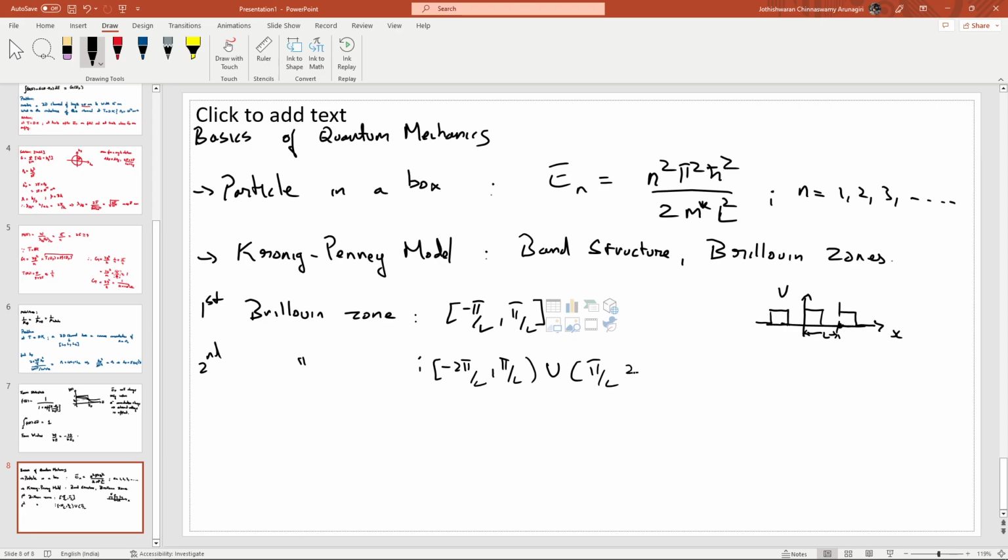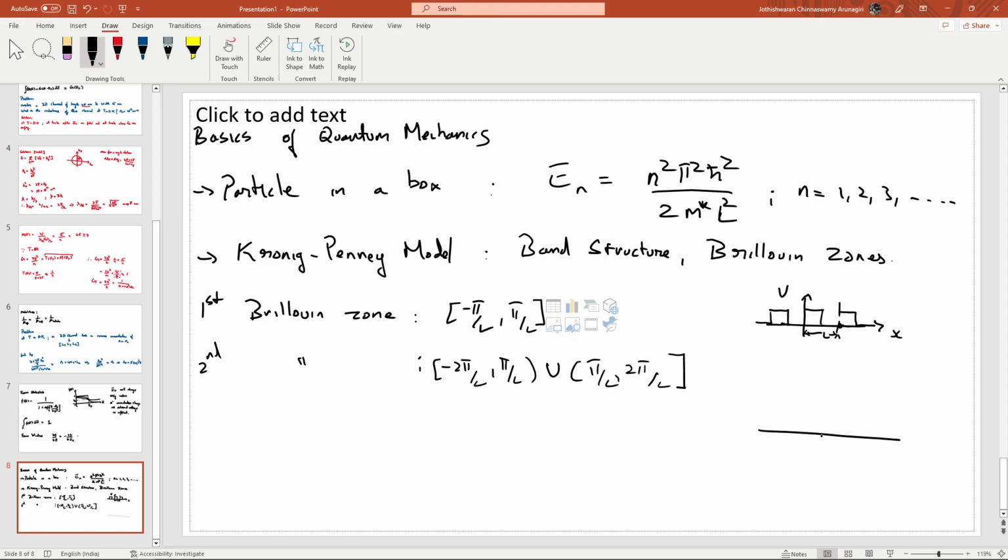Pi by L to 2 pi by L, and so on. So essentially what happens is, when we have the different Brillouin zones, only the first Brillouin zone will be a continuous region.